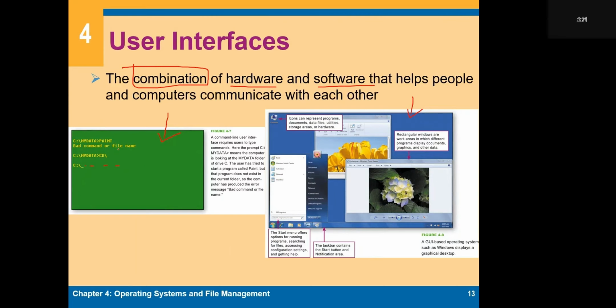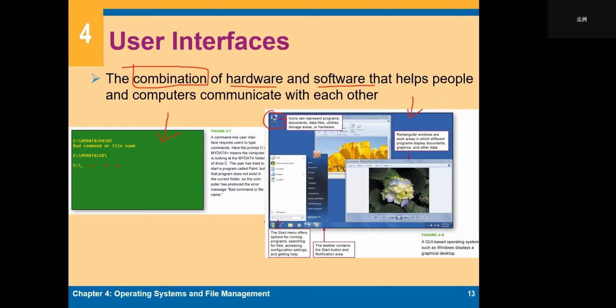But in a Windows user interface, we have a lot of icons. They can represent the programs, documents, data files, entities, storage areas, or hardware. All of these can be represented by different icons.